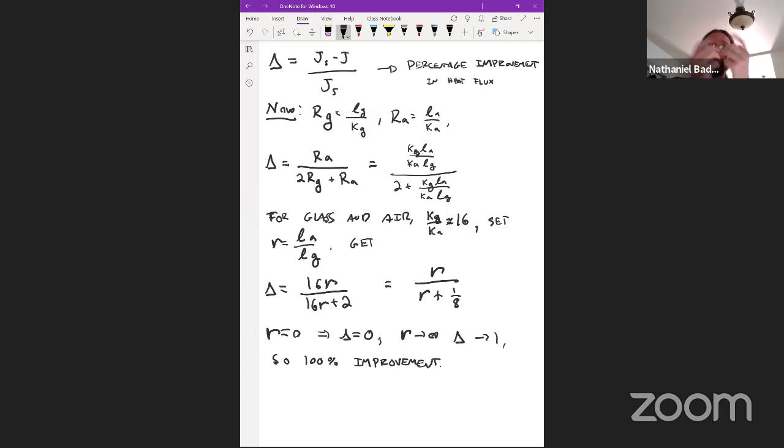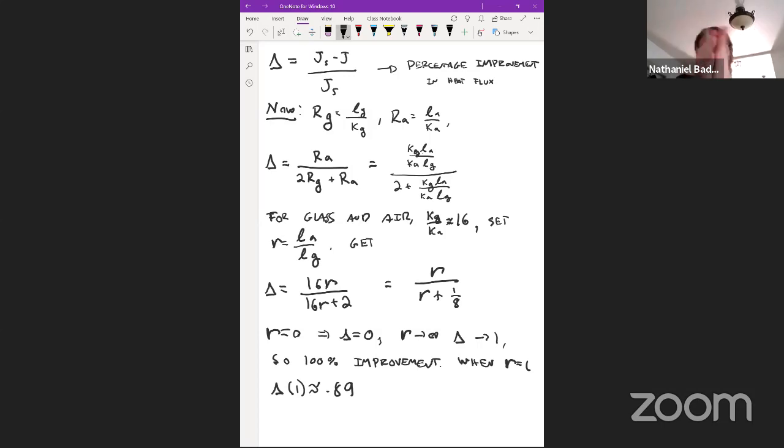So let's actually look at something practical. So what about when r equals 1? So r equals 1 plugging in, we get that delta of 1 is about equal to 0.89.